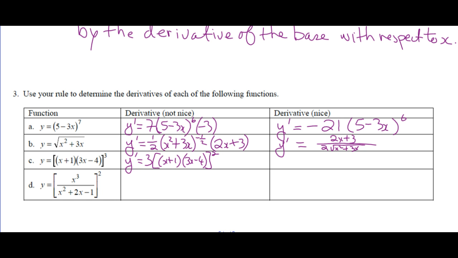Yeah, I'd almost rather just expand that and then take the derivative. You could use the product rule, but you don't always have to use the product rule just because it's a product.